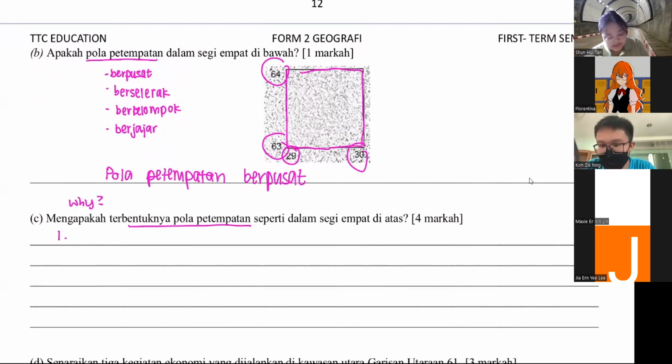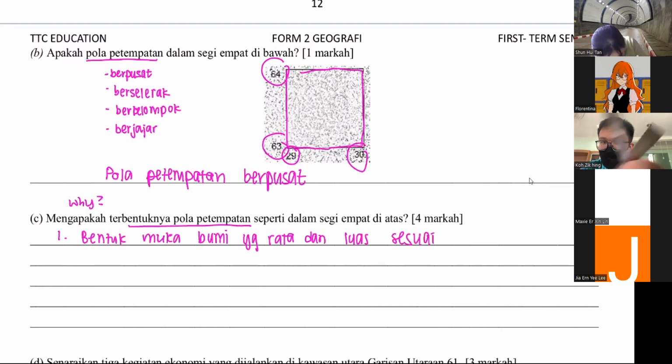So you can say bentuk muka bumi yang rata dan luas, sesuai untuk pembinaan pertempatan.